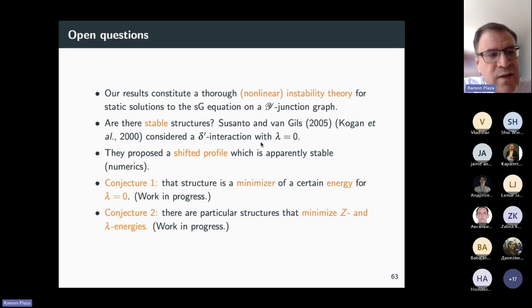So actually, the conclusions are of nonlinear nature as well.